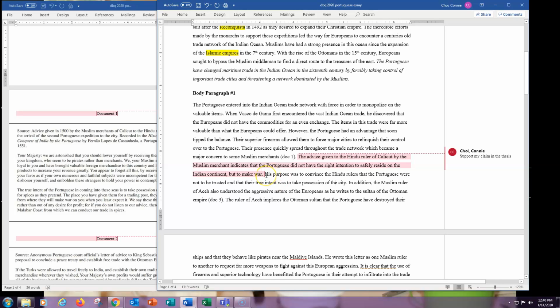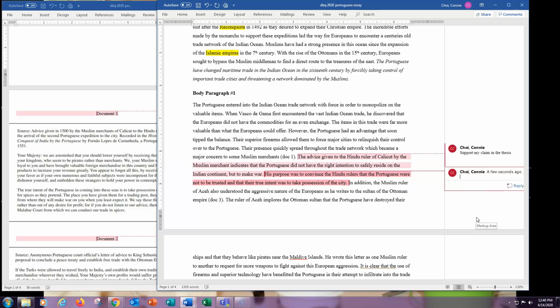And here his purpose was to convince the Hindu rulers that the Portuguese were not to be trusted and that their true intent was to take possession of the city. So here I basically outlined one of the hits. This is the analysis point that you're supposed to earn. So here I have analyzed the document and stated the purpose.